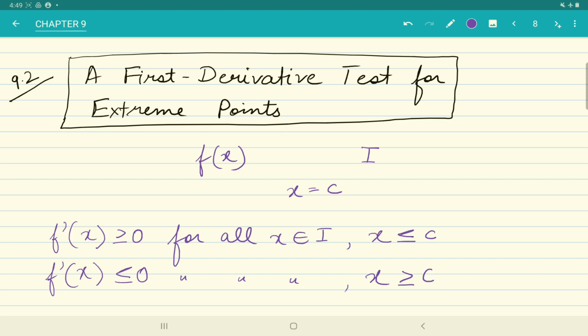That means if we think of the points to the right of c, we see that the function is actually decreasing to the right of c, because for x greater than equal to c, what we examine here is that f prime x is less than equal to 0 for all x belonging to the interval I. That means f of x is decreasing to the right of c.